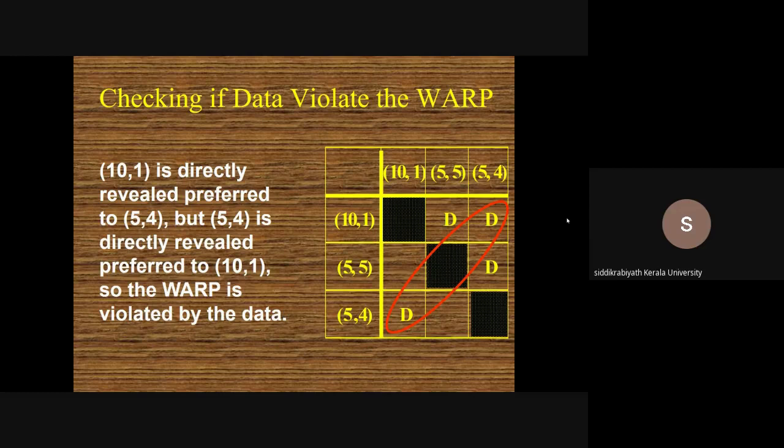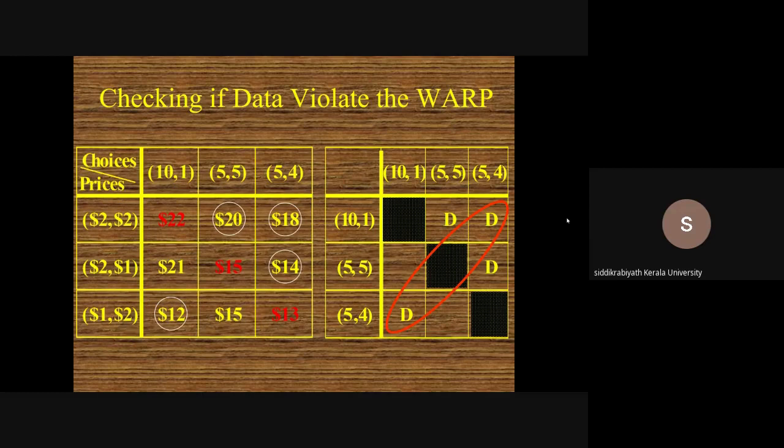But suppose you are going to have a reverse case. So this is actually the diagonal example. Okay, so what is that? In this particular diagonal case, if you look into it, then things are going to be a little messy. 15 is directly preferred to 12, whereas 15 is indirectly not preferred to 18.